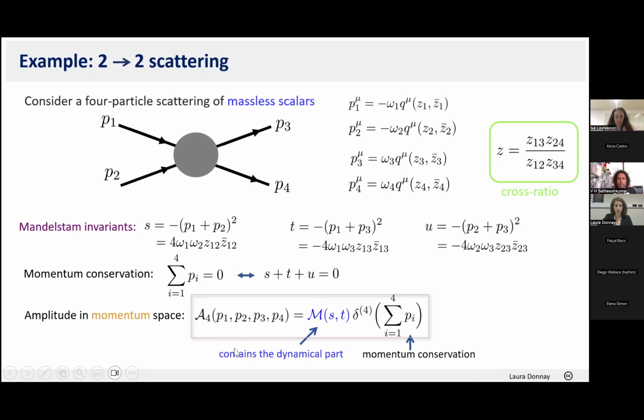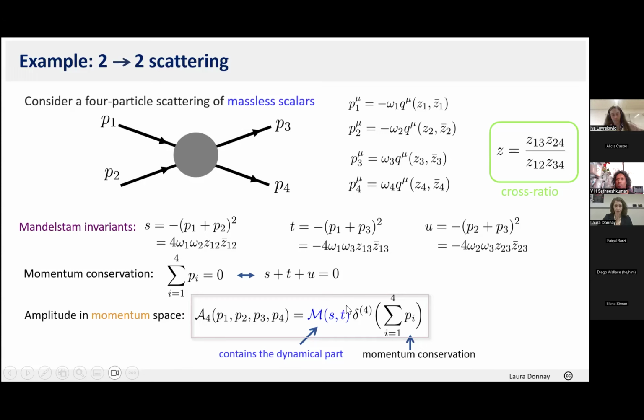So a generic amplitude in momentum space can be written as a piece, which sometimes we strip out, the momentum conserving delta function, which imposes that the sum of the p_i is equal to 0, times the more interesting part, which I call curly M here, which is a function of, say, s and t.